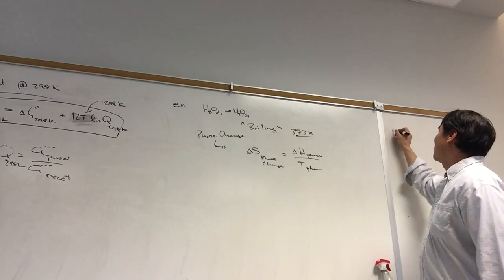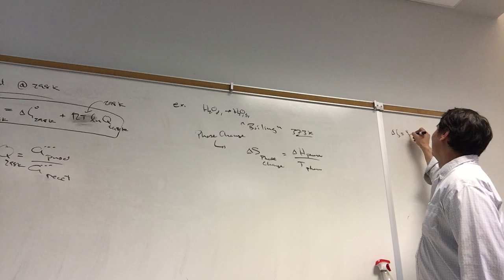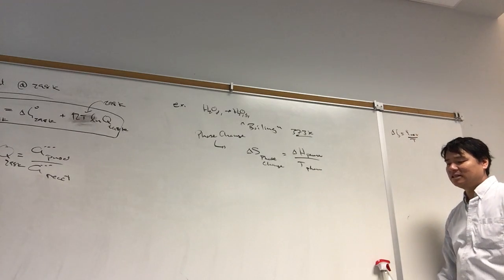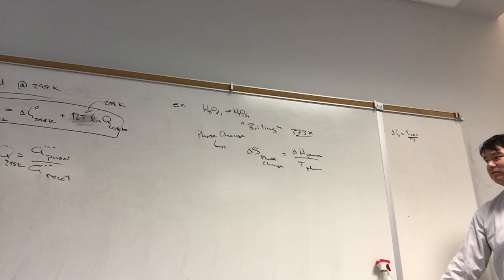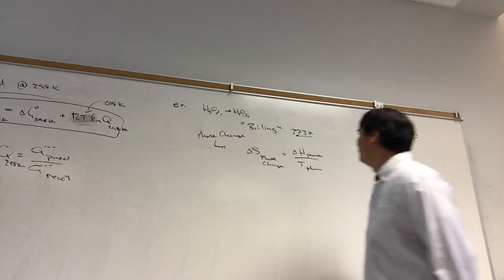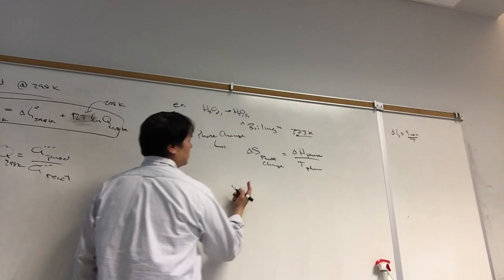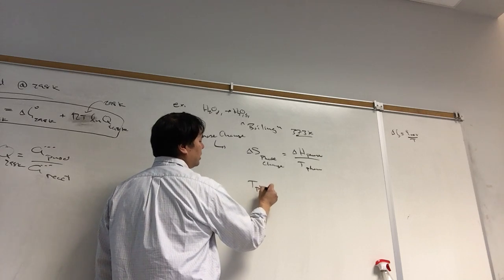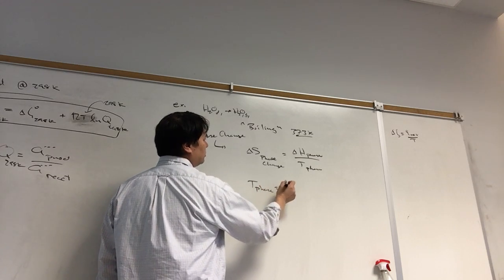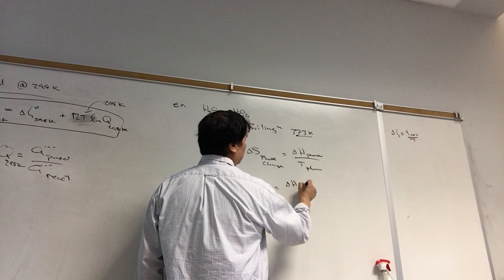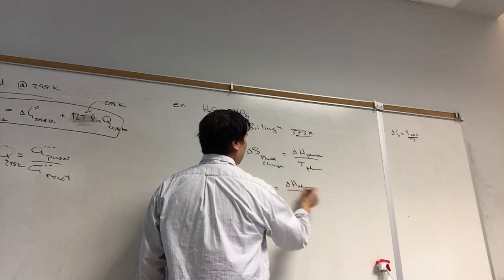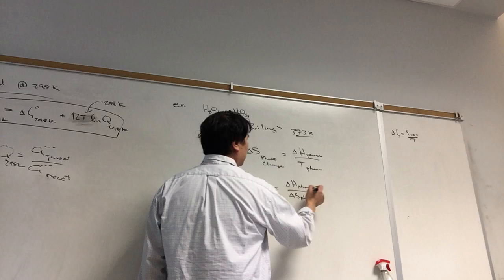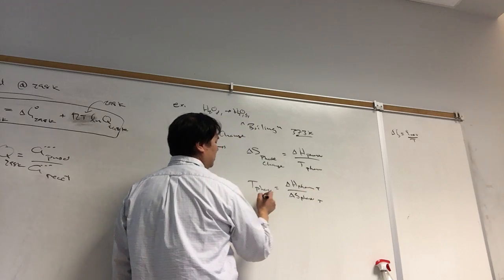It came from delta S is equal to Q reversible over T. Or it could come from setting delta G equal to 0, because at a phase change it's at equilibrium. Anyway, we have this, and then we'll just plug it in. The temperature of the phase change is equal to delta H of the phase change over delta S of the phase change. But this has to be at the temperature T, right?